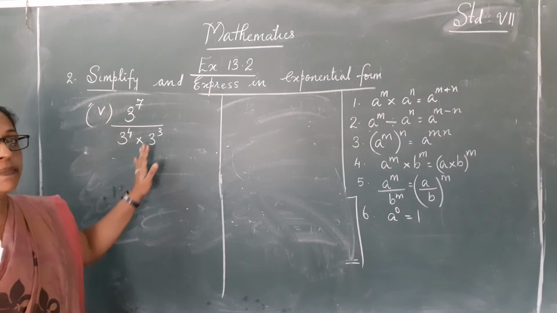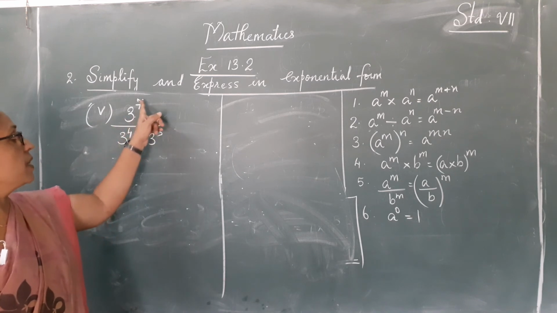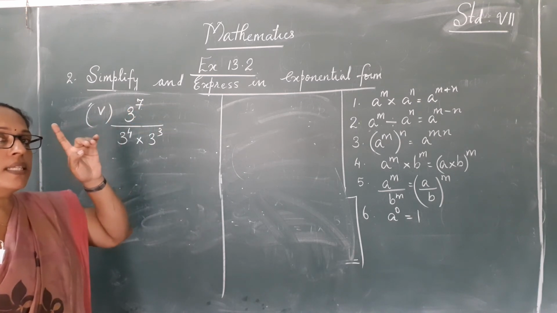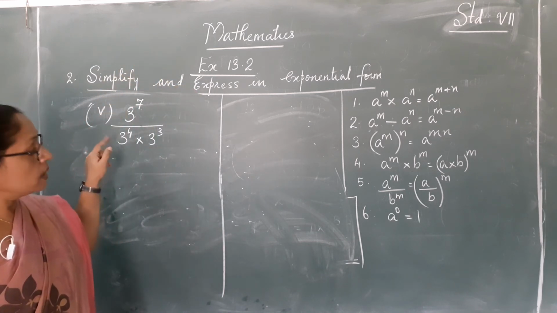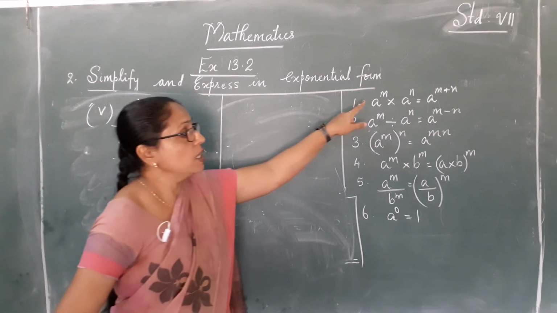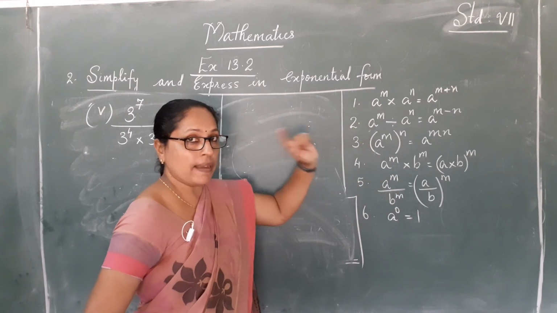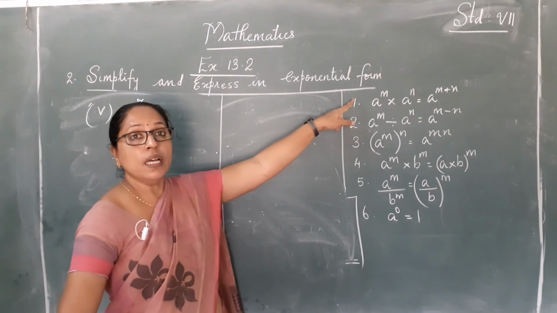Are all the numbers in the power form? Yes, everything is in the power form. Now look, numerator, we have only a single power, 3 raised to 7. Denominator we have 3 raised to 4 into multiplication. Multiplication comes, we have two laws. Now you have to see which one you have to apply. Bases are same. So we have to apply the first one.